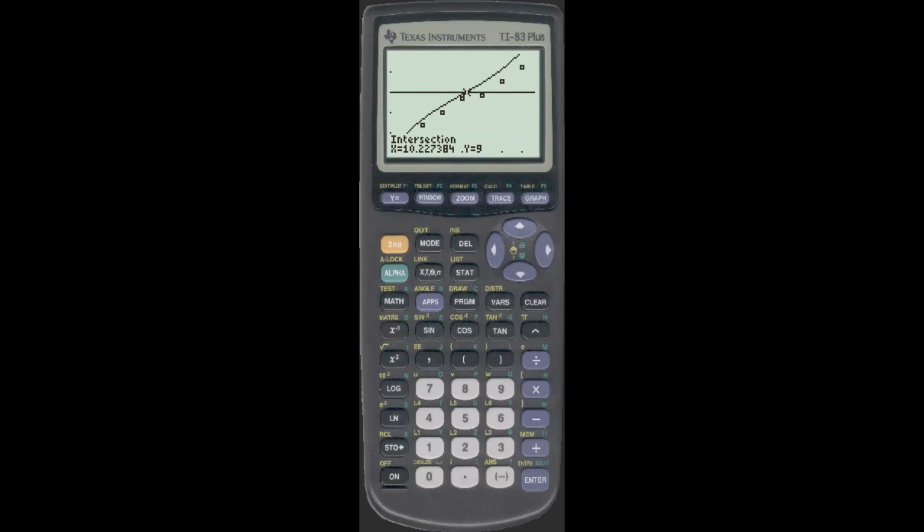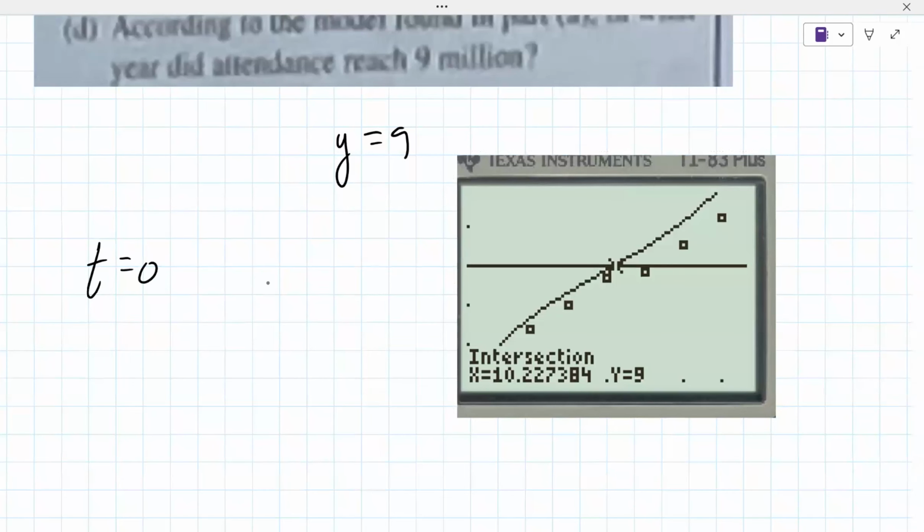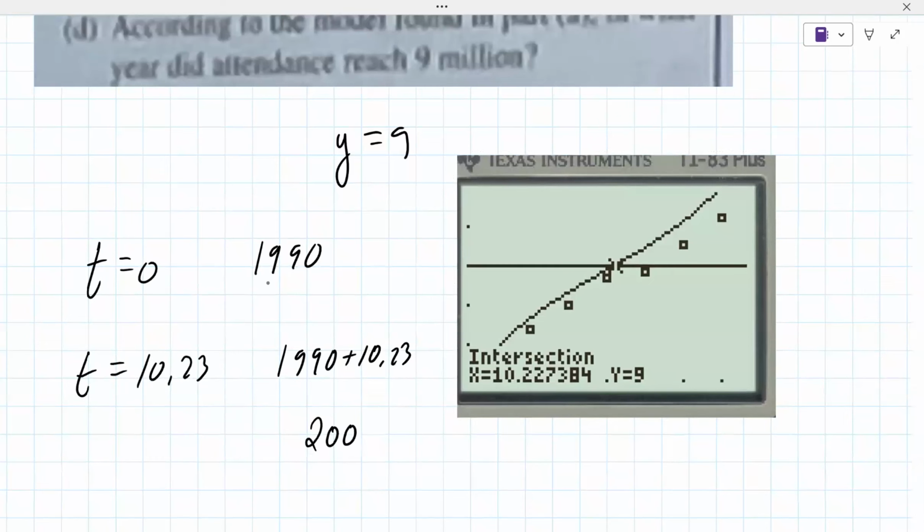So we know that the base year t equals 0 is 1990. t equals 10.23 is 1990 plus 10.23, which is somewhere in the year 2000. Make sure you get that down for part D.